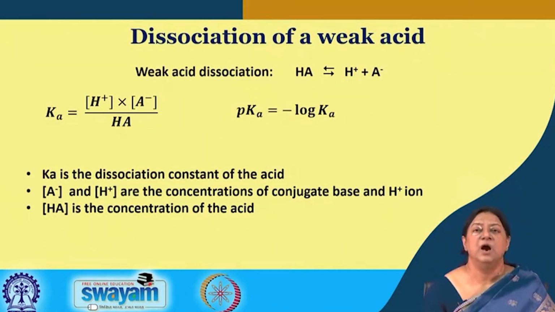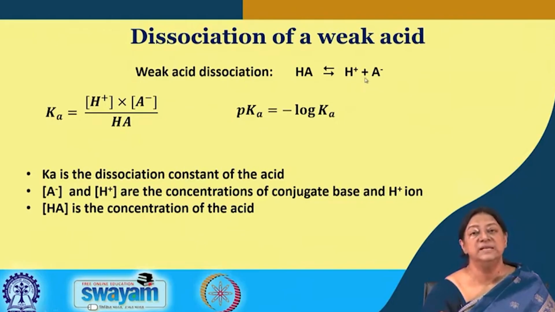So, let us see how we can actually determine, first of all, what we mean by a buffer solution and how I should determine which buffer solution I might want to use. If we look at the dissociation of a weak acid, we understand that we have a weak acid designated by HA that has an equilibrium with H plus and A minus.